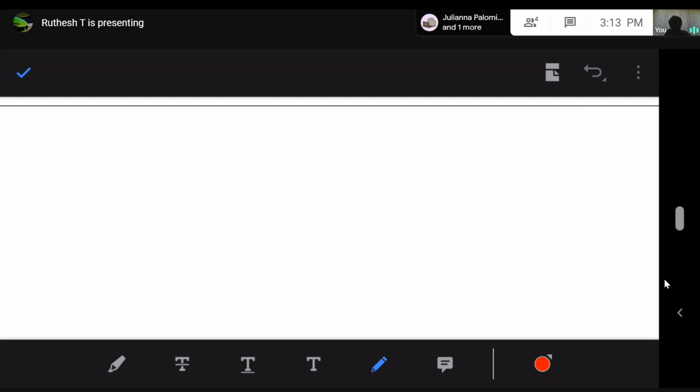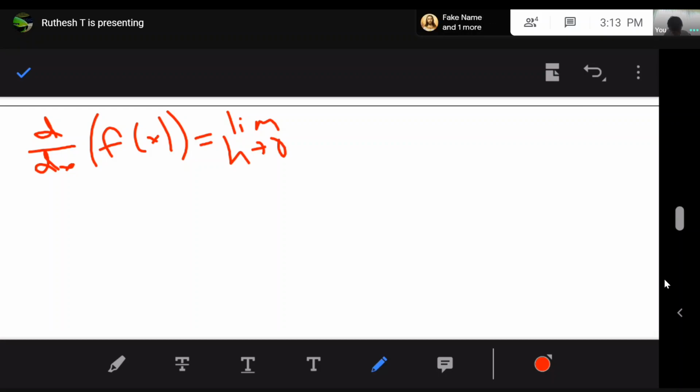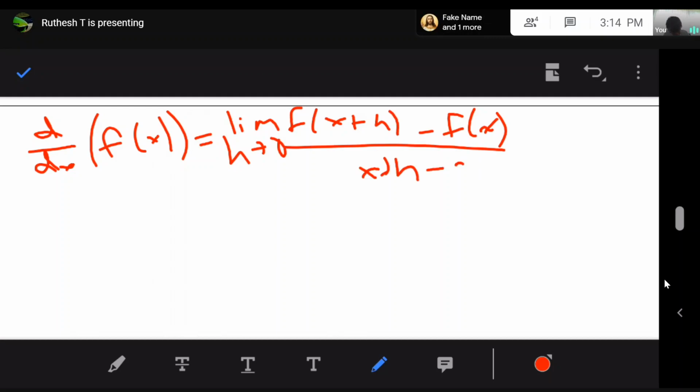So the definition of a derivative states that the derivative of a function f is the limit as h approaches 0 of f of x plus h minus f of x all over x plus h minus x, so all over h.